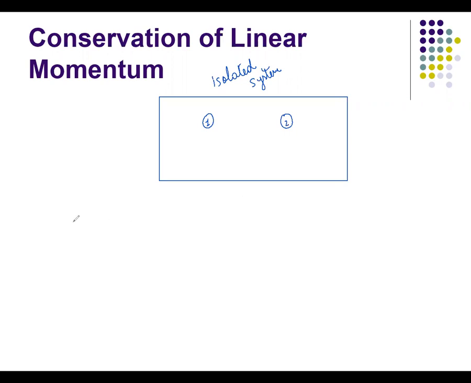At initial time, the mass m1 has a velocity v1, and the mass m2 has a velocity v2, and at final time, m1 has v prime 1 and m2 has v prime 2.